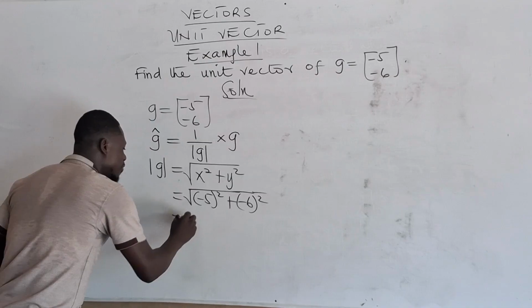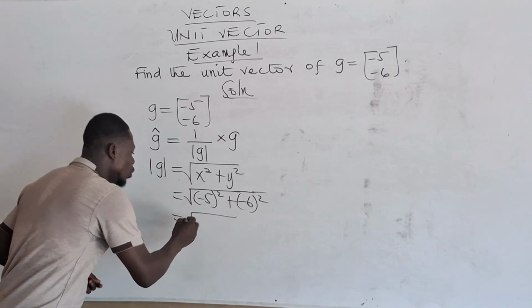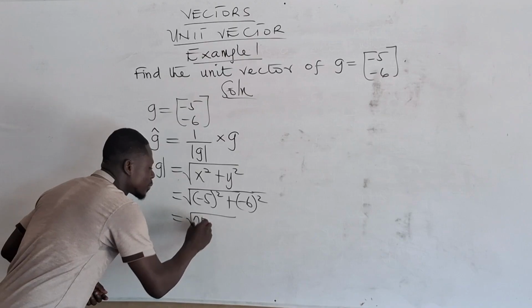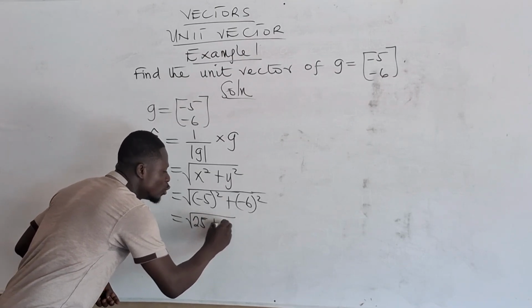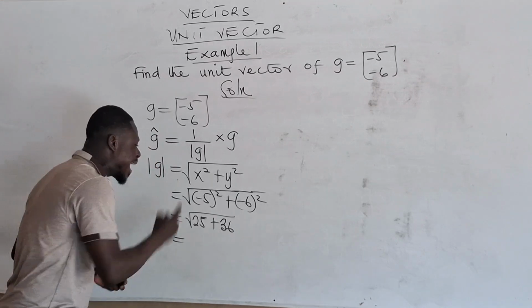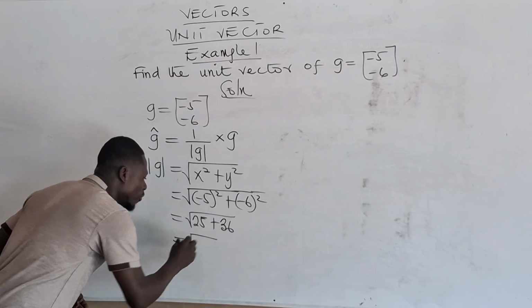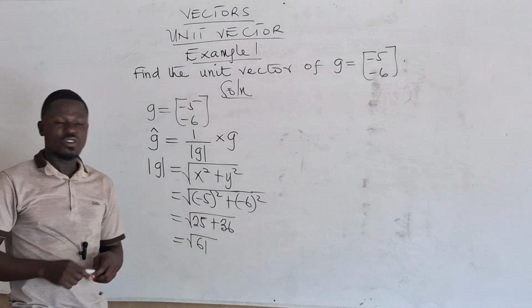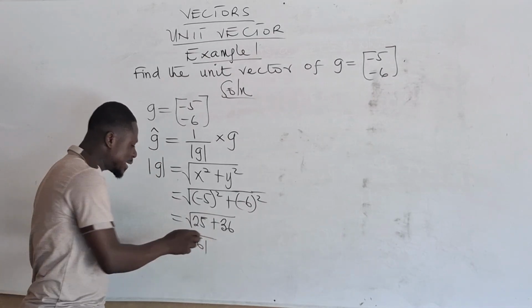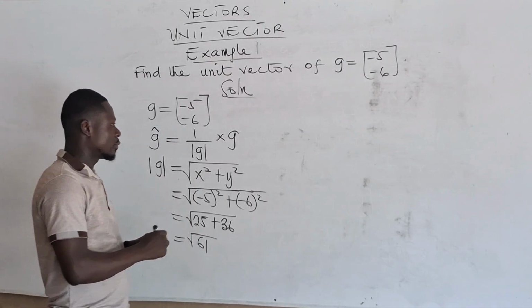When you square -5, you get 25. Plus, when you square -6, you get 36. By adding the two, you are going to have the square root of 61. So this is the magnitude of the vector G.